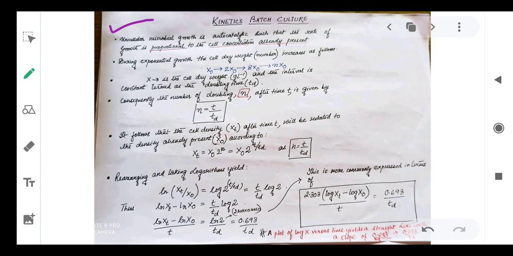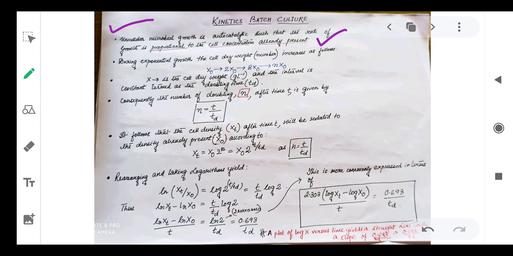So first point is unicellular microbial growth is autocatalytic, that we know very well, such that the rate of growth is proportional to the cell concentration already present. So there has to be some initial number of cells. That is why I am focusing on that point, that the graph doesn't start from 0. We are adding some cells and that is the initial concentration of the cells. And the growth will be proportional to the initial concentration of the cells.